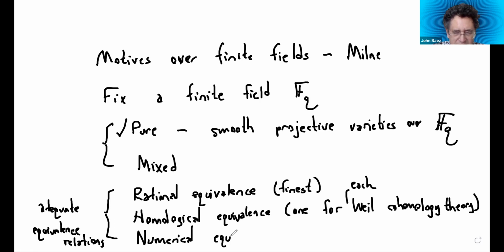So like you guessed, we're going for the coarsest one, and that's in some sense the easiest one to work with, which is why I'm able to report these results from Milne, and why Milne's paper focuses on this case.